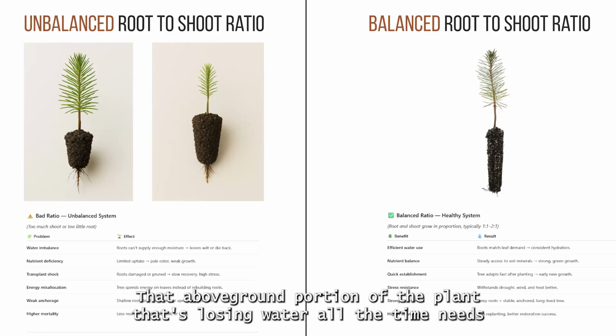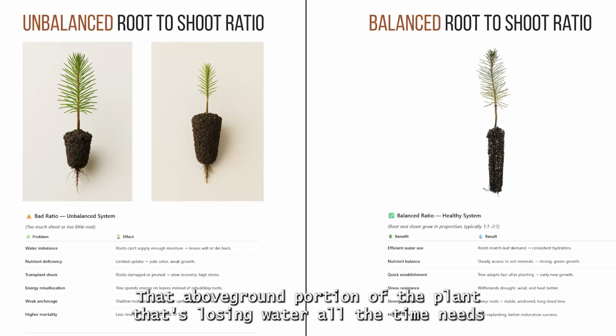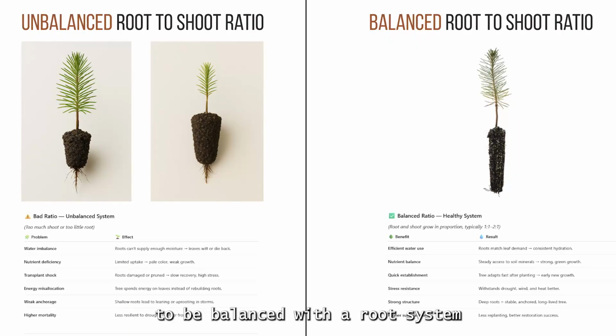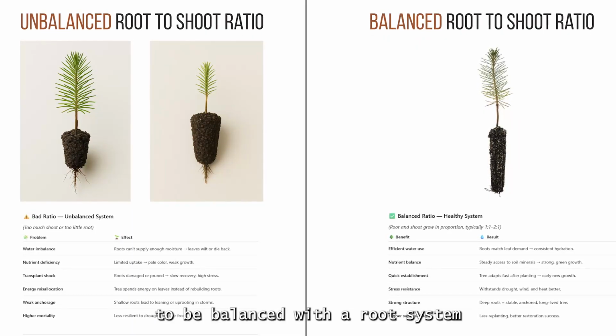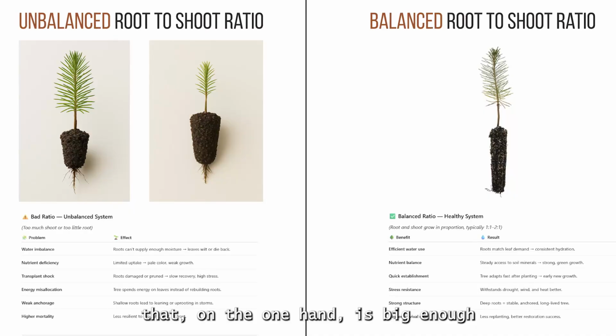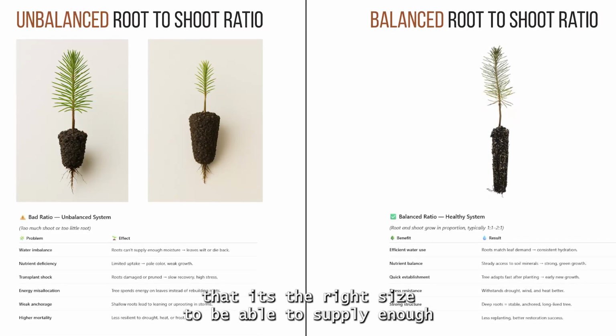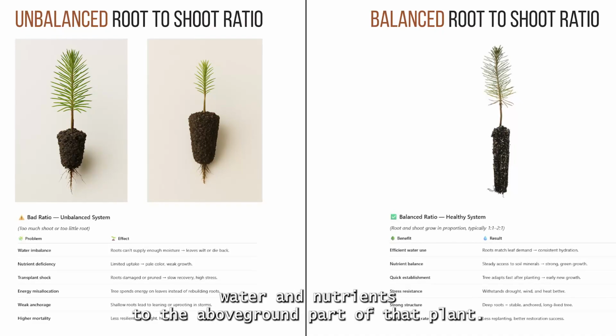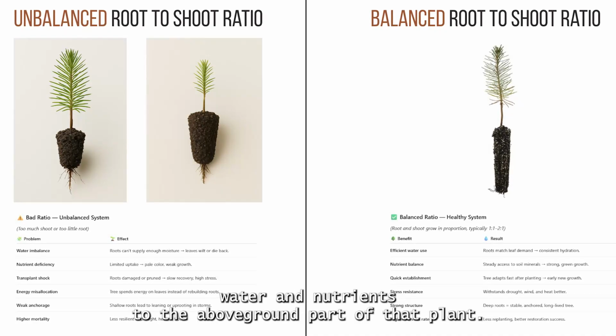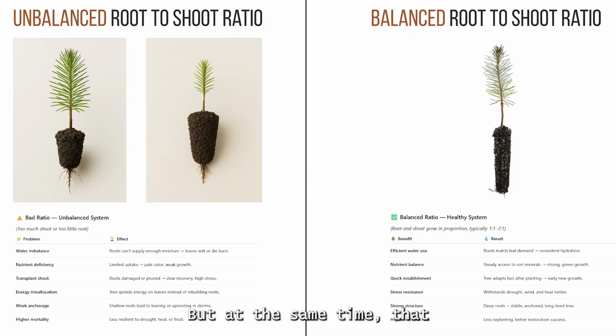That above ground portion that's losing water all the time needs to be balanced with a root system that, on the one hand, is the right size to supply enough water and nutrients to the above ground part of the plant. But at the same time, that root system also has to be compact enough that somebody can plant it properly and efficiently on that planting site.